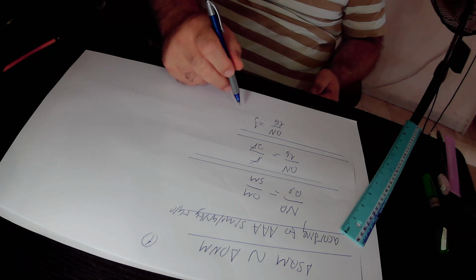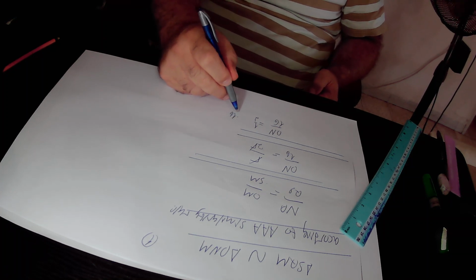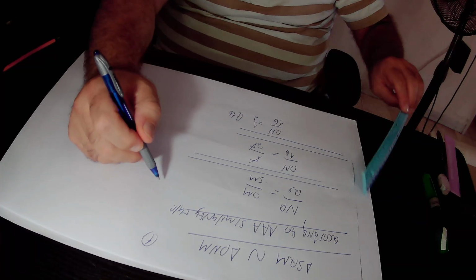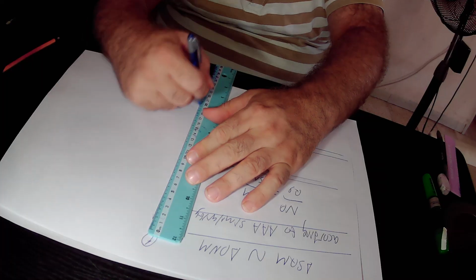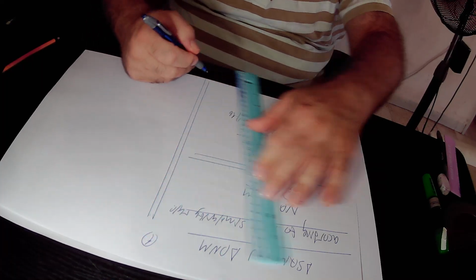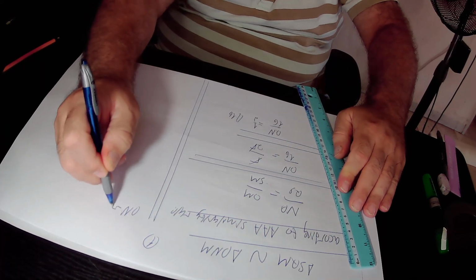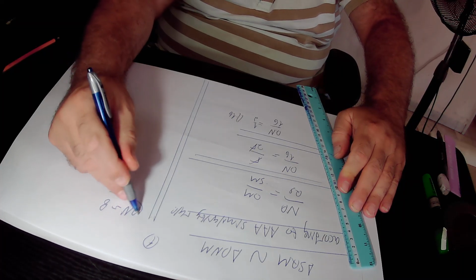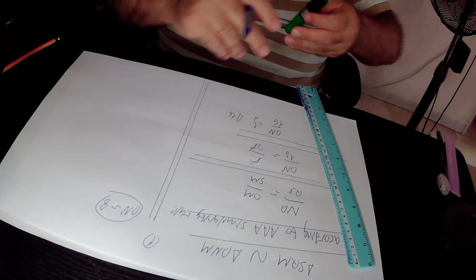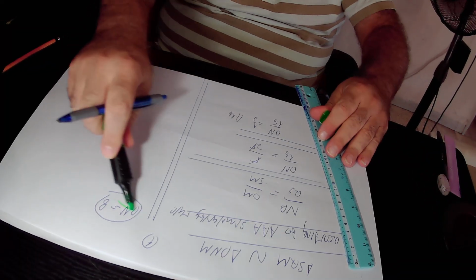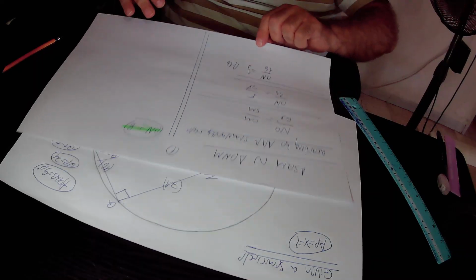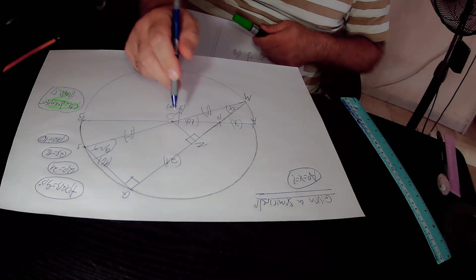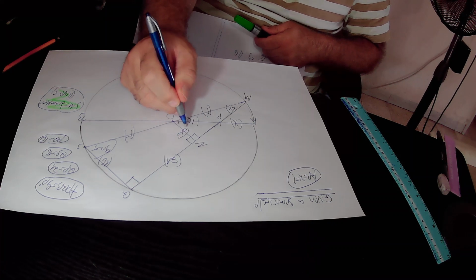Here we will multiply this equation by 16 and get that ON, the missing side ON, is equal to 16 over 2, that is 8. So we found that the length of the missing side ON is equal to 8 units.